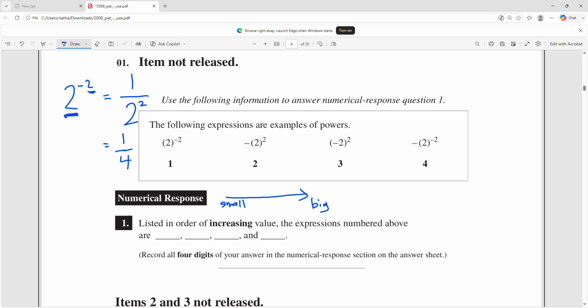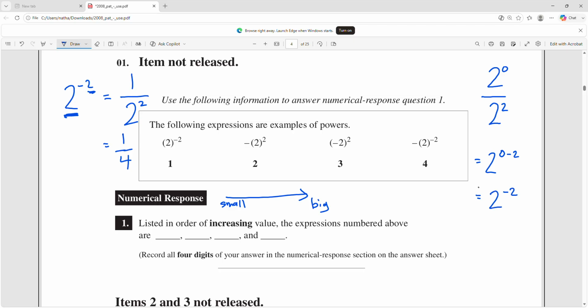I'll explain quickly where that rule comes from so you can see that it makes sense. Let's say I had 2 to the 0. We know that's 1, right? If I had 2 to the 0 over 2 squared, using our exponent rule for dividing, we'd say 2 to the power of 0 minus 2. We subtract exponents, and 0 minus 2 is negative 2. So it's 2 to the negative 2.